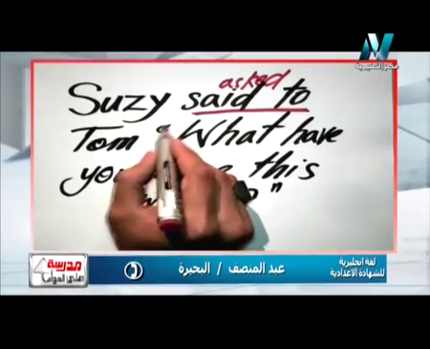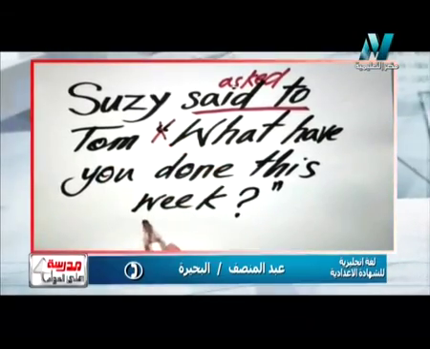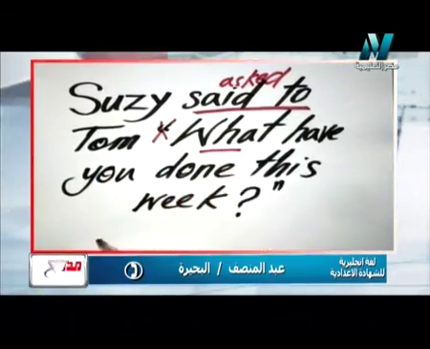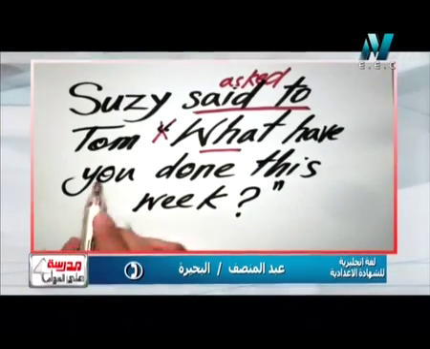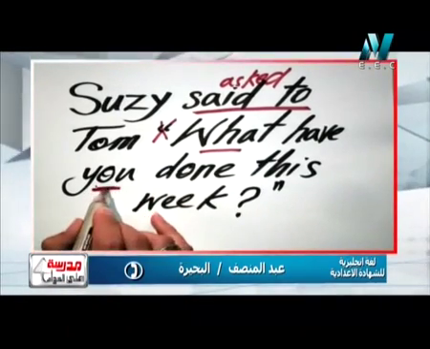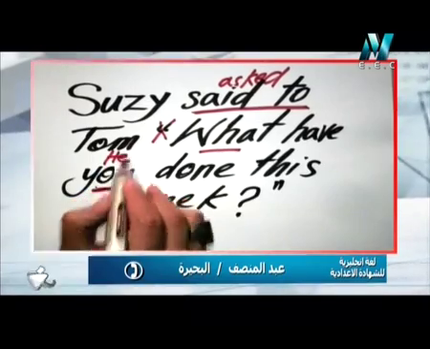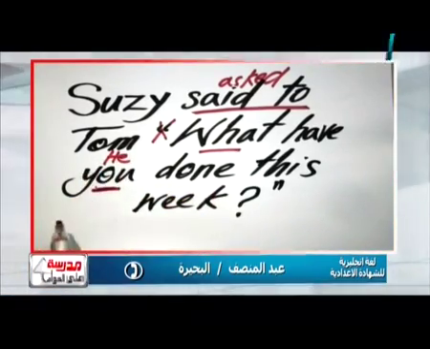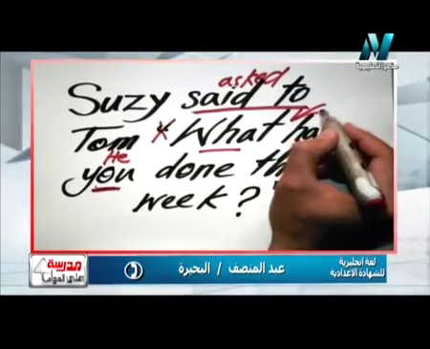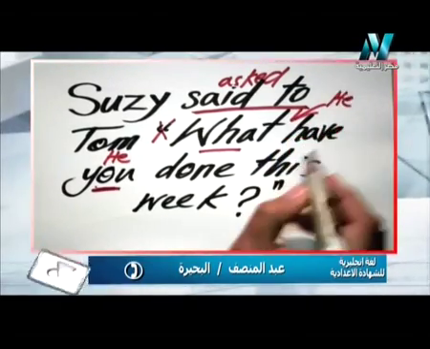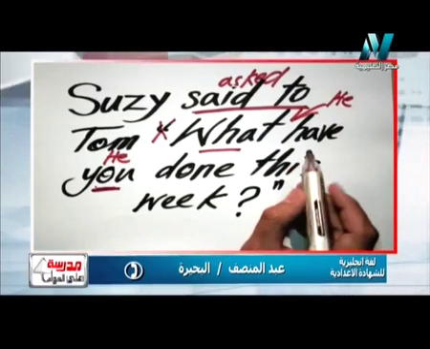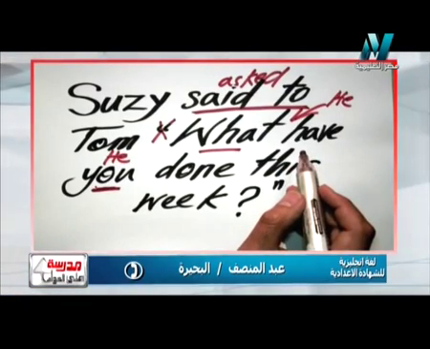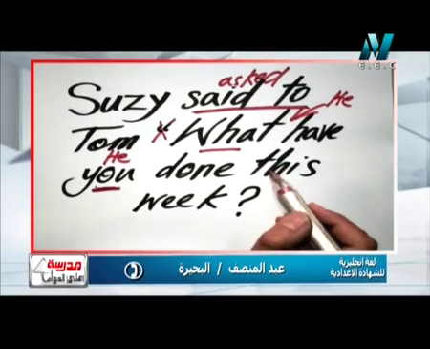We omit the speech marks. What he. We change you to be he. What he had done. Bravo. Which tense is that, Abdul Mansif? Had done.